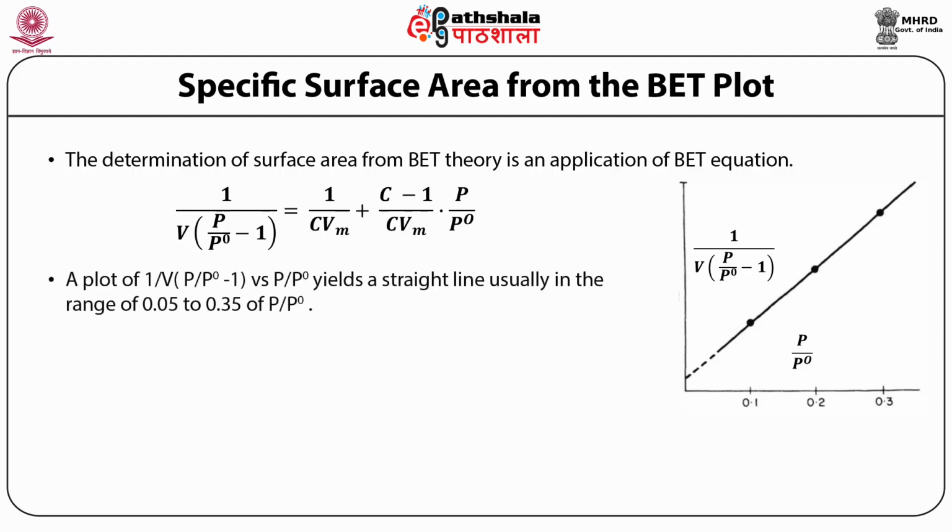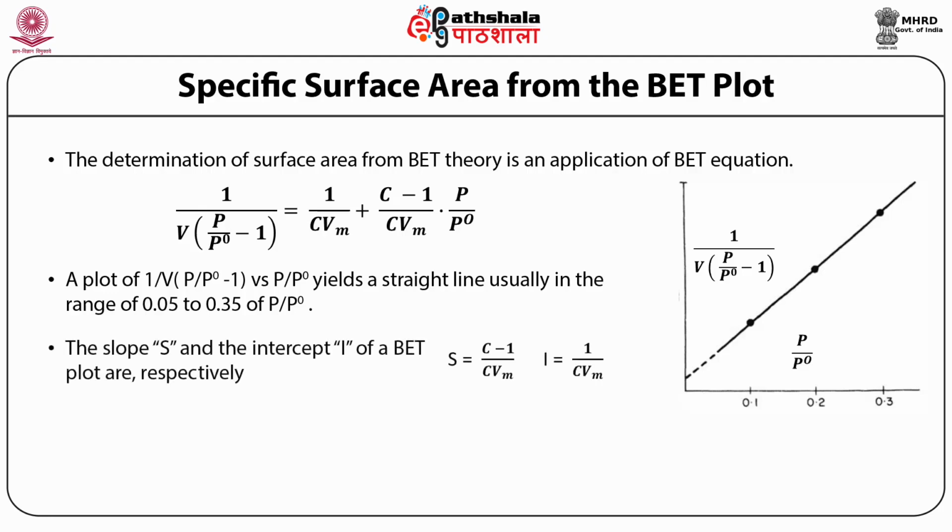A plot of 1 upon V into (P upon P naught minus 1) versus P upon P naught yields a straight line, usually in the range of 0.05 to 0.35 of P upon P naught.